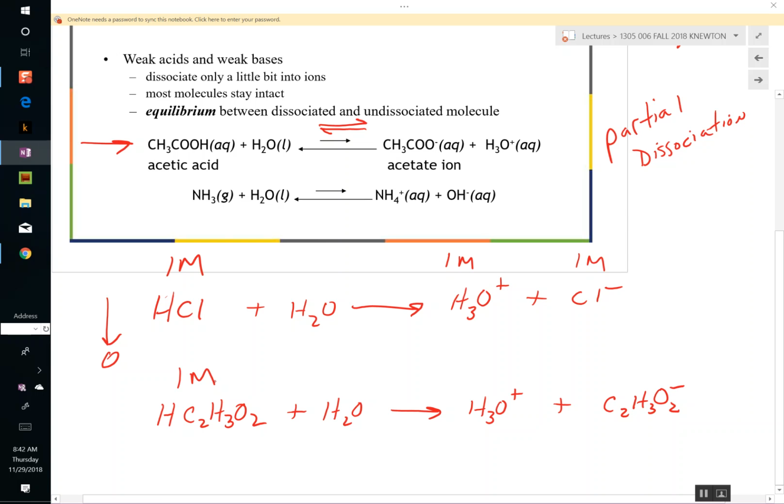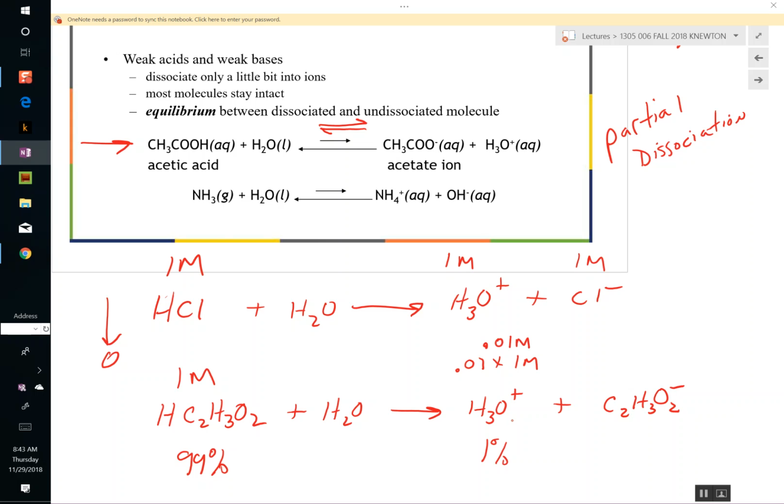Now if I put 1 mole per liter of vinegar into water, acetic acid into water, 99% of it stays over here, I only get 1% of it dissociating. So I would only get 1% or 0.01 times 1 molar, or 0.01 molar hydronium ion. I'm not going to get 1 molar hydronium ion because not all of this is breaking apart into ions.